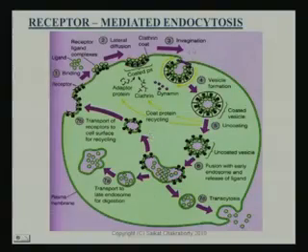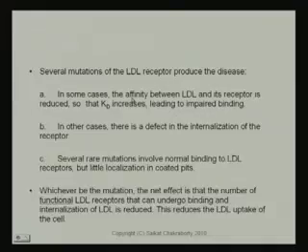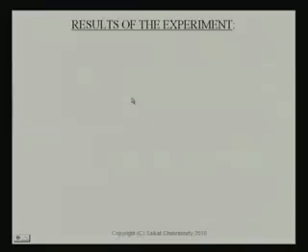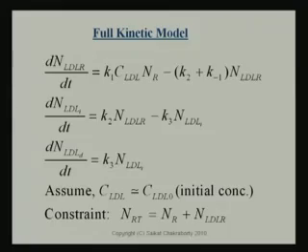So this is the old picture that we keep harking back at. Here, the total number of receptors in the system was assumed to be constant in every model that we did before, but now we are not going to assume that. So let me just go back to the model we did in the last class, this full kinetic model. This was the constraint that I am talking of, nRT equals nR plus nLDLR.